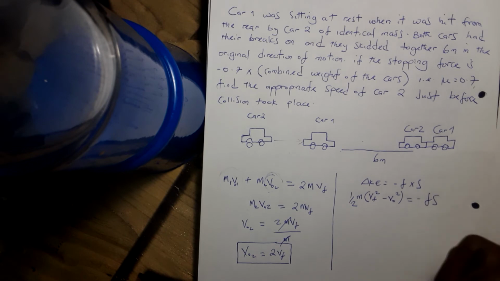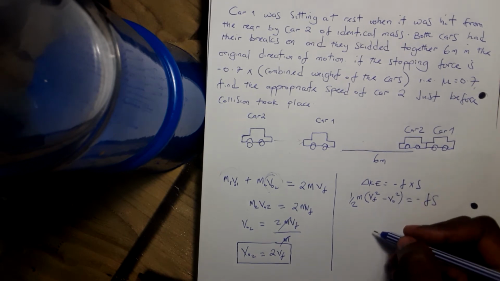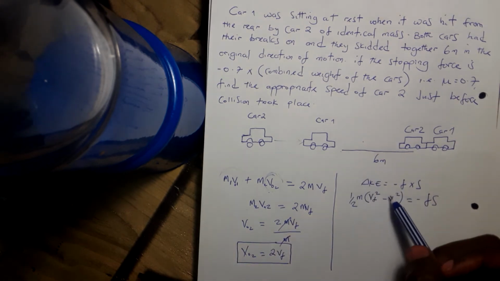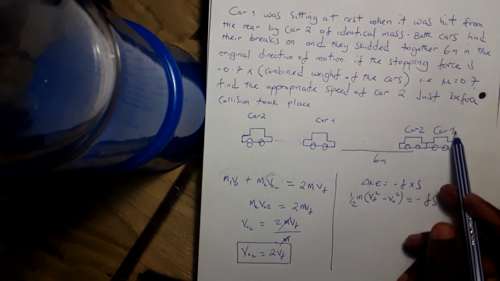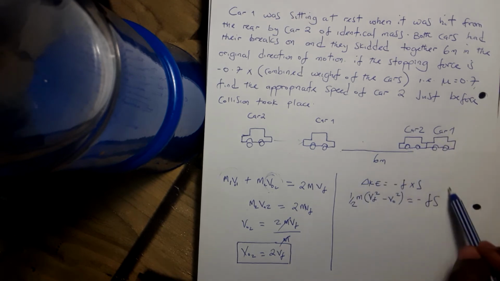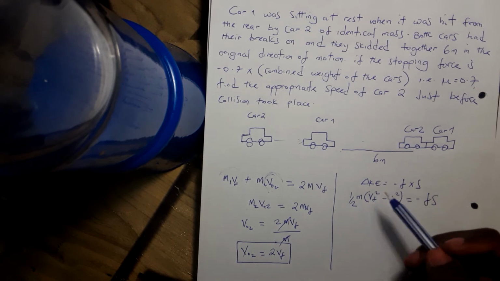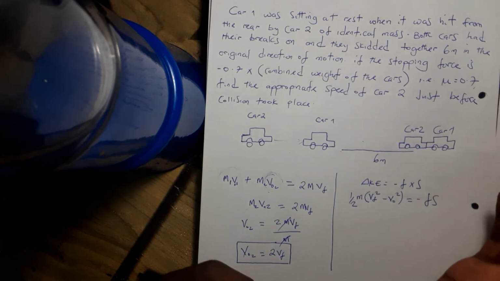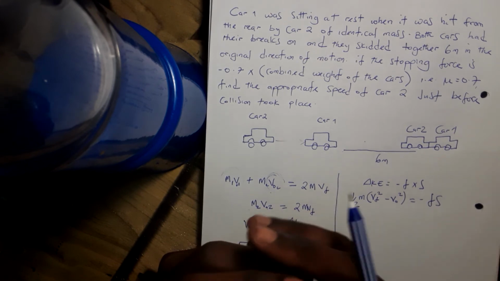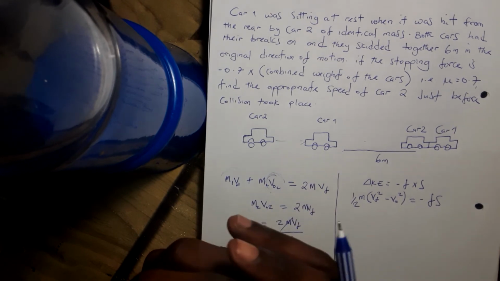We should also keep in mind that the part we are solving for right now is the point at which the cars got entangled, like they got together and then skidded together. So we're taking them as one thing.